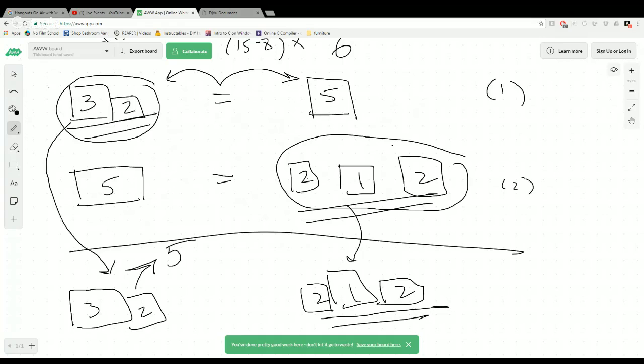And I look at equality 2 and I say, oh, that whole expression is to the right of this equal sign. So it is the same as whatever is to the left of that equal sign. And what do I have there? I have a 5. So this whole expression can just be replaced with a 5. And now I notice that really what I have on both pans of this new scale is 5s. So if I have 5 on the left and 5 on the right, yes, the scale will be balanced.